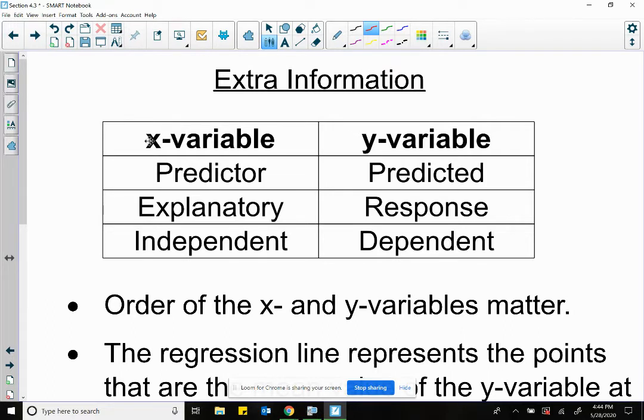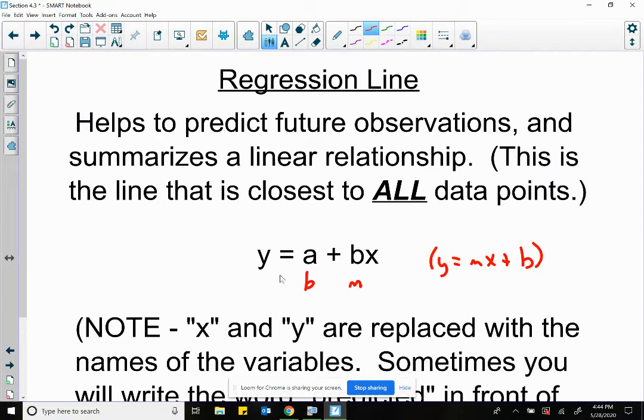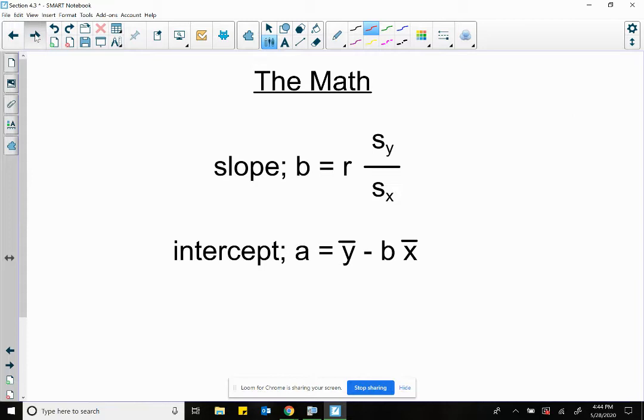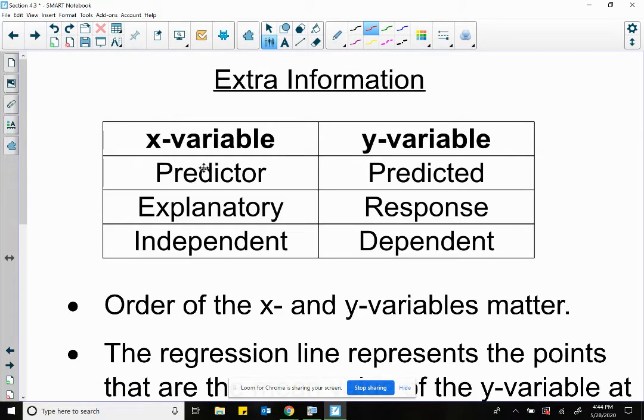The x variable and the y variable, those x and y's that we were talking about over here, have different names, just so you know. The x variable, we call it the predictor, explanatory, or the independent variable, which makes sense, being independent.